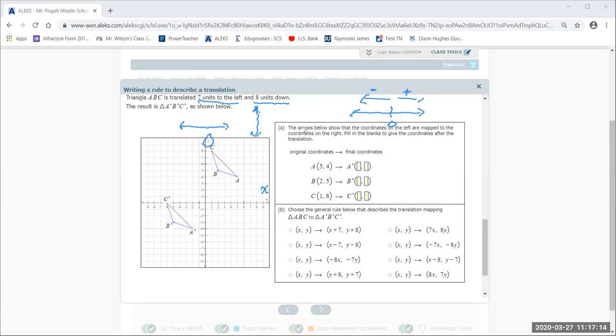And if I move up or down, up is positive, down is negative. That's the way you need to think about that. Let me do some erasing here to clean up.